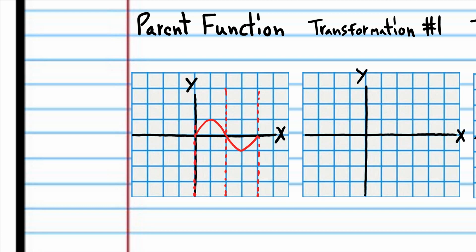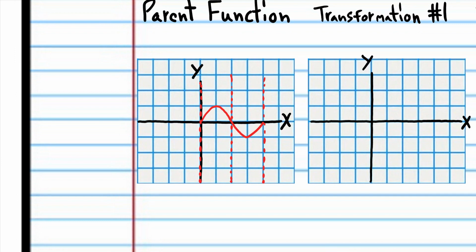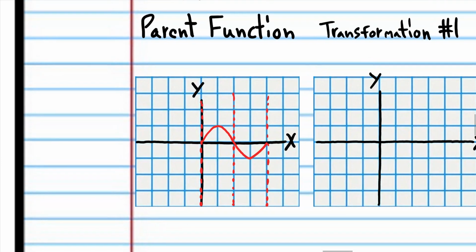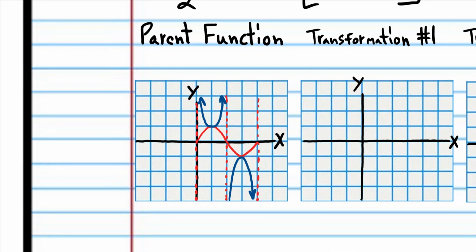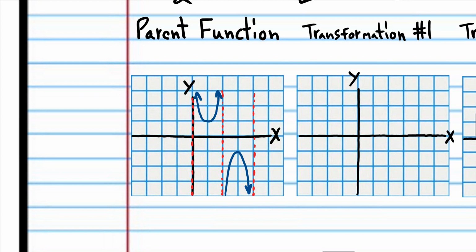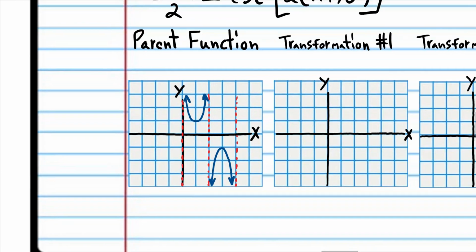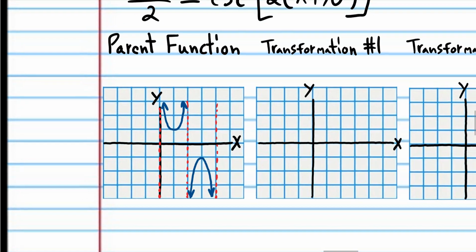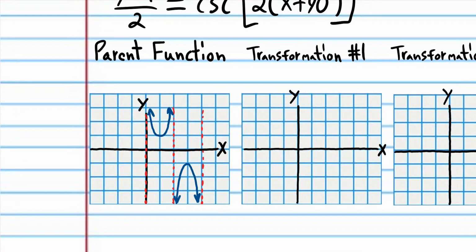So you have a vertical asymptote on the y-axis also. And the cosecant curve is very simply a curve that follows those asymptotes, and it goes down and it hits the top of that sine curve, and it comes from the other direction and hits the bottom valley of that other part of the sine curve, and that's it. So now we can erase the sine curve because that's not part of our graph. So that is the cosecant curve. Those asymptotes help us to graph it. So that is y is equal to cosecant x.